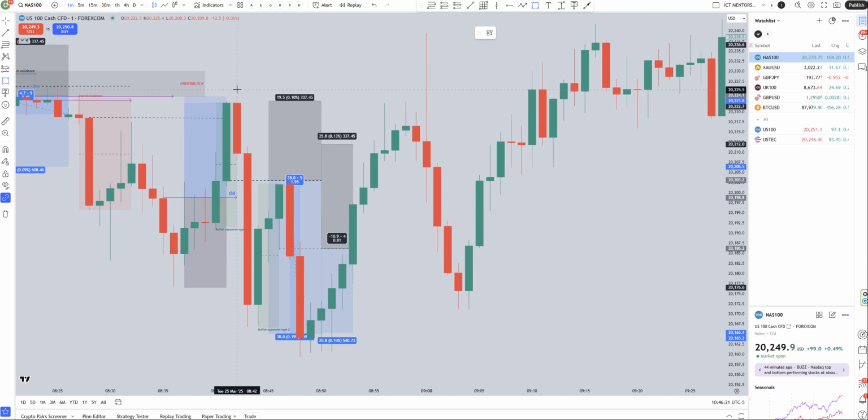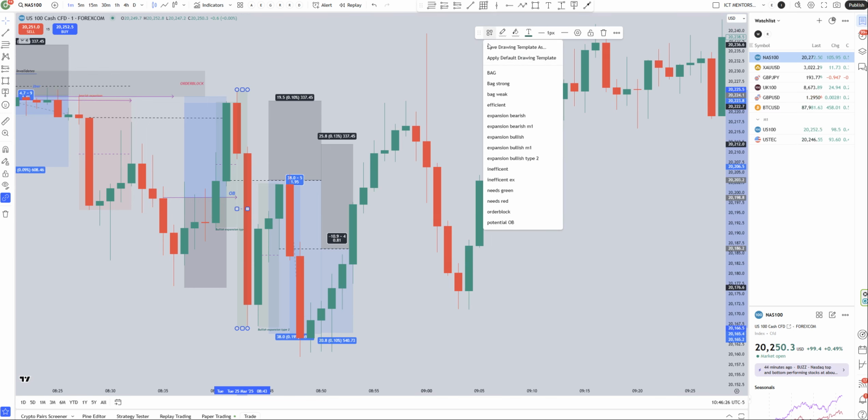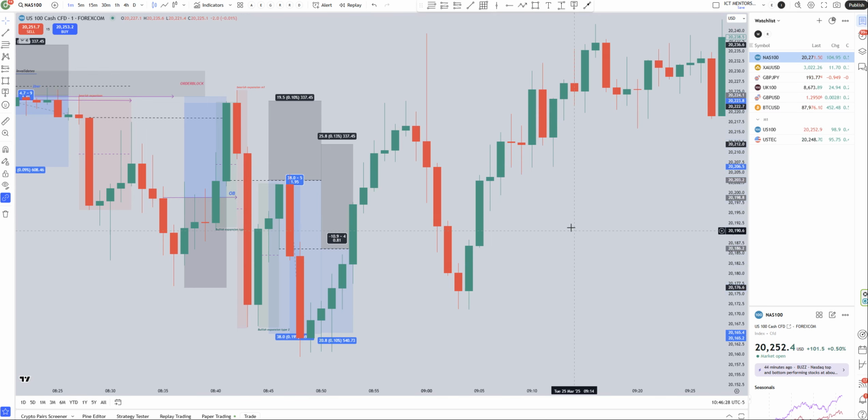So this was here, another M1 bearish expansion. Where's its OB? This is its OB, right? This expansion. I have to find a way of connecting these guys so that we would know.